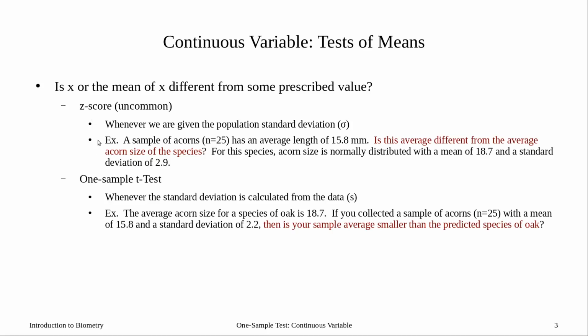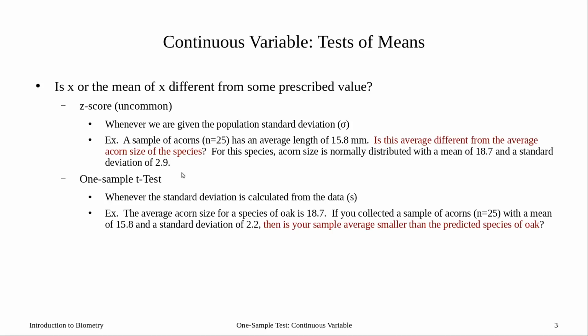The difference between these 2 tests comes down to our standard deviation that we use. If we are given and we know the population standard deviation, so sigma, then we would use a z-score test. If we have to calculate the standard deviation or approximate our population standard deviation, therefore we're using our s, our sample statistic standard deviation, then we will use a one sample t-test.